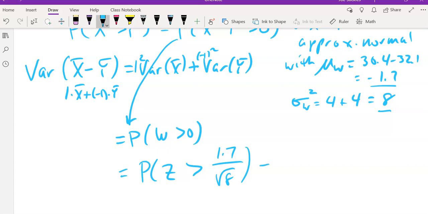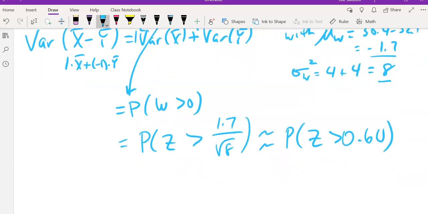Do you have a decimal approximation for that? Okay. So I'll leave it as 0.60. So if I'm going to use the table, this will be 1 minus phi of 0.6, right? Because I got to flip it because the table will give me less than or equal to. We agree? Okay.